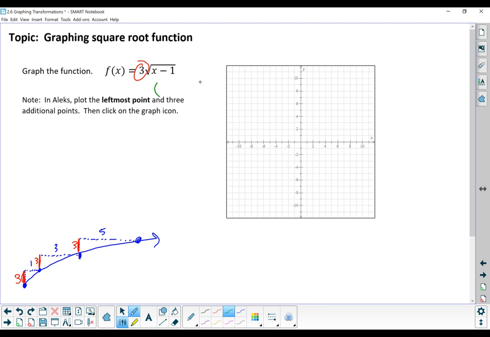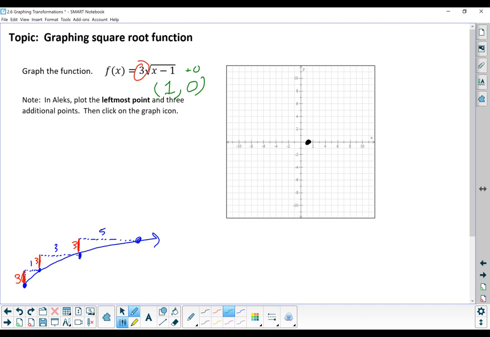The starting point with the x, so in the horizontal direction, it's moving forward 1, not moving up or down, because we have no constant at the end there. So in ALEKS, it will tell you to plot the leftmost point, like what would be the vertex in a parabola, but for this one it's just the leftmost point.